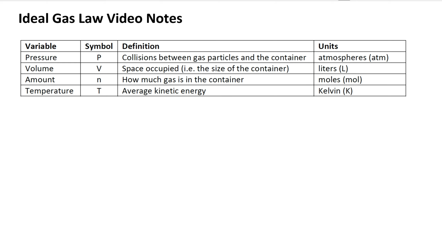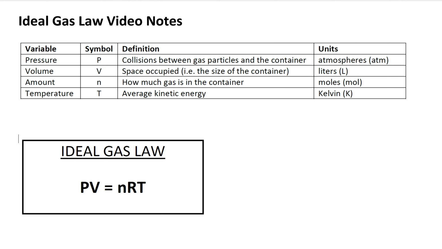So every sample of a gas has all four of these properties. And there's a certain relationship between these four properties, and we call this the ideal gas law. This law, commonly referred to as PIV-NERT, allows us to predict the pressure of a certain gas sample if we know the volume of the container, if we know how many moles of gas are in the container, and if we know the temperature.